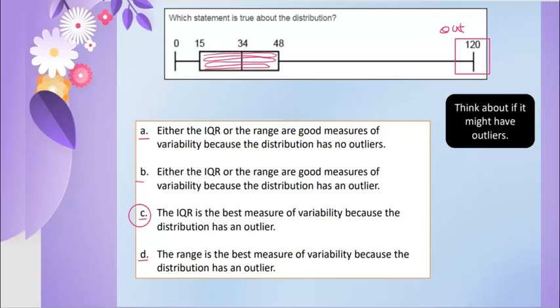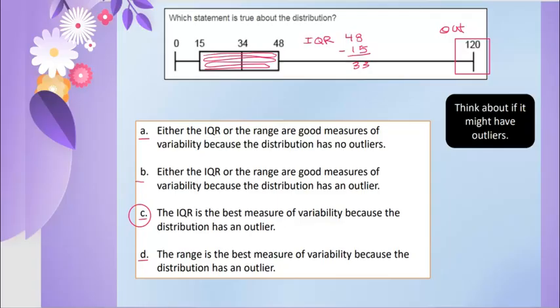Remember, that's how you find the IQR. 48 minus 15, so that would be 33.